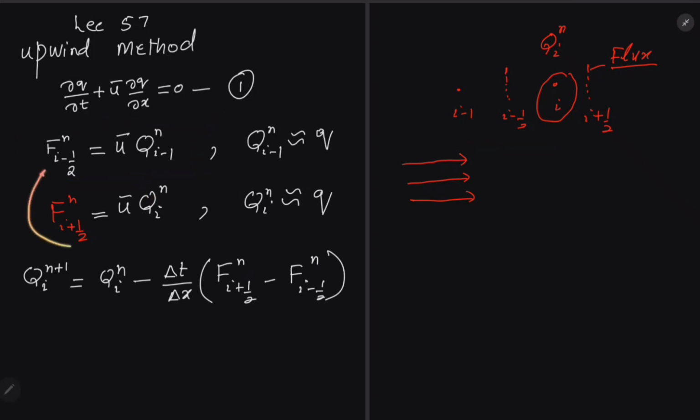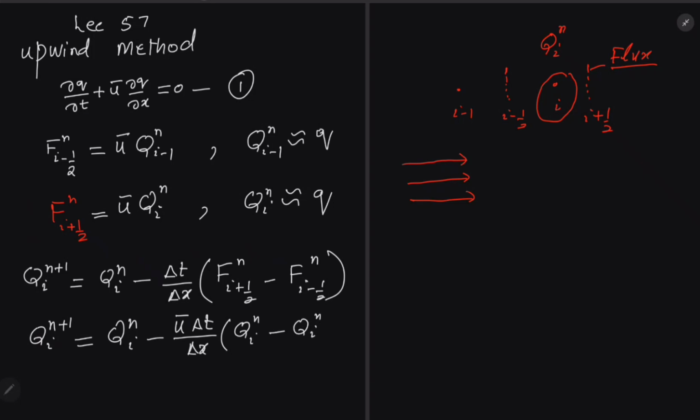We can put that value over here and the next value over here. So we get Qn plus 1 I equal to Qn I minus u bar delta t by delta x times the flux difference, which is Qn I minus Qn I minus 1.